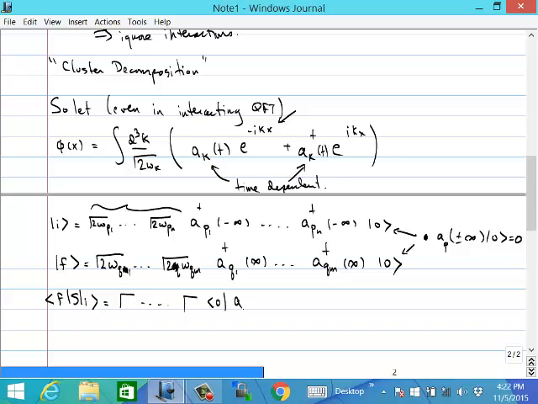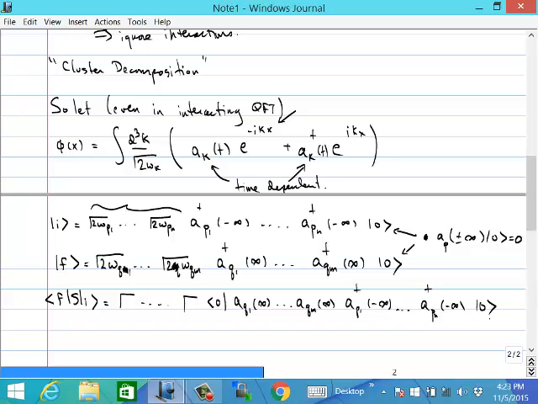But we have to take the bra vector corresponding to F rather than the ket, so that turns those A_q daggers into A_qs. And we get an expression which is very similar to the one we would get if we were studying free quantum field theory.